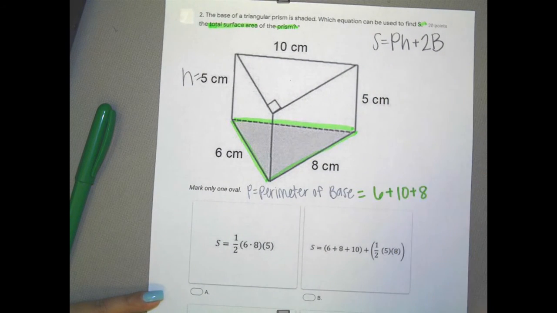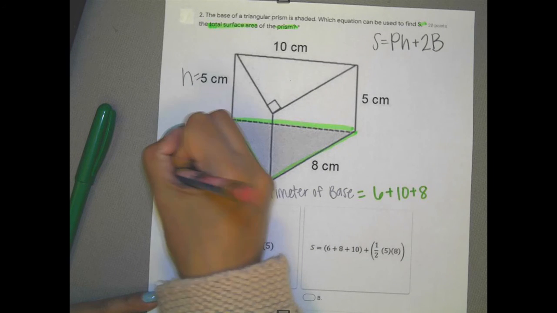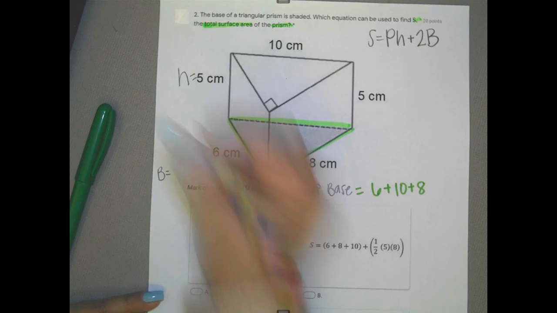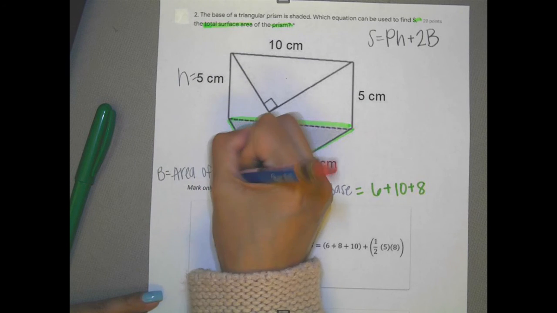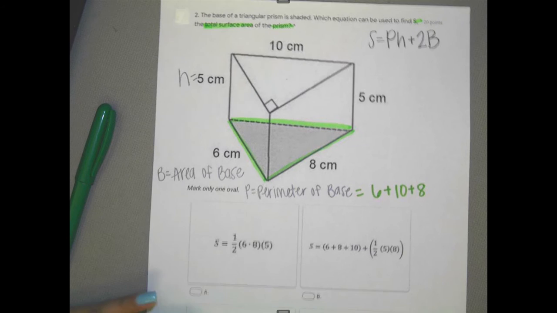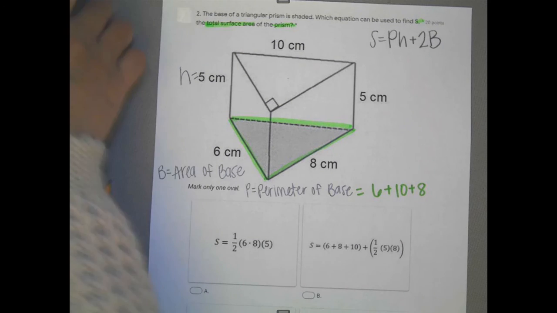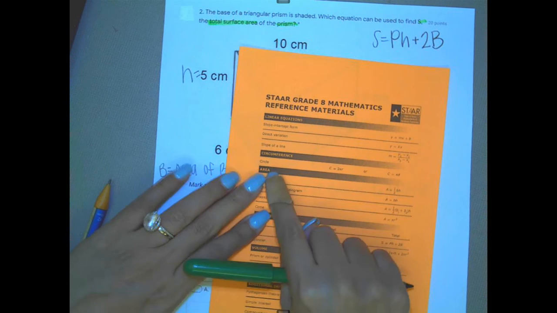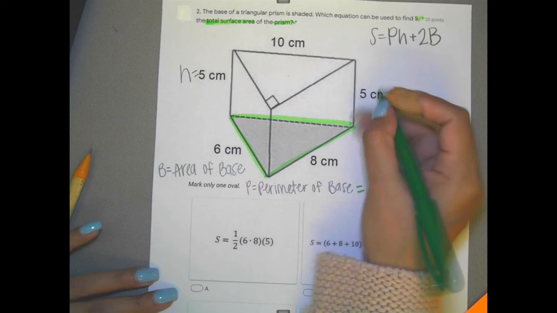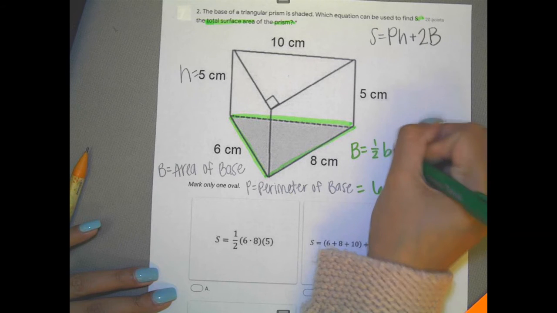And then for my B, we talked about this with volume and also with surface area. B is when we take the area of the base. All right. Now, our base shape is a triangle, so I'm going to be doing the area of a triangle formula. So area of a triangle, A equals 1/2 BH, 1/2 BH.